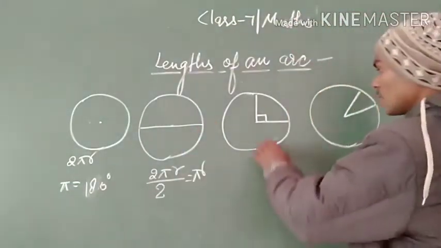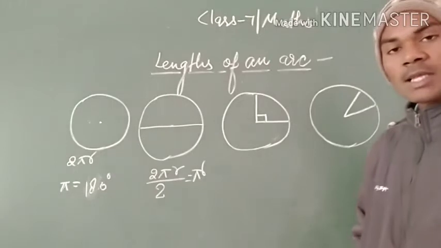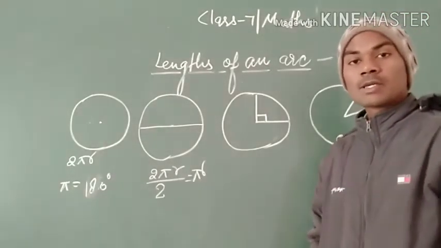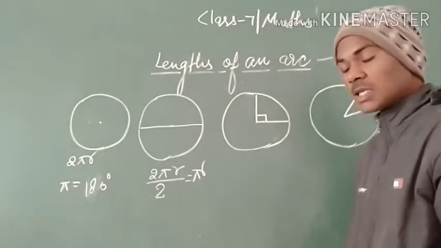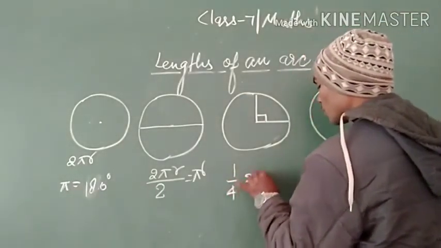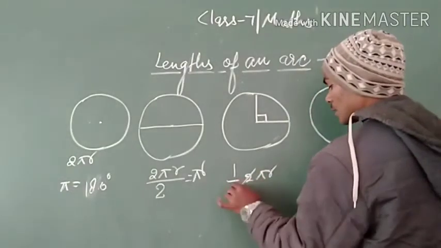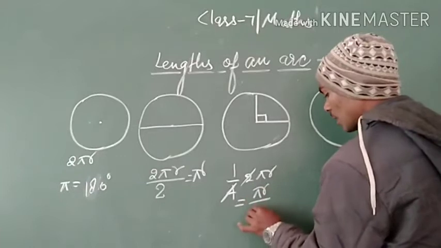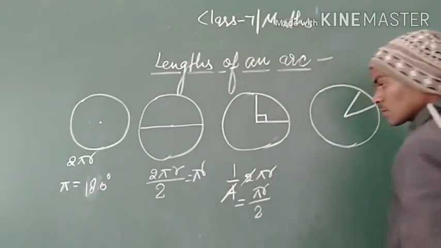Similarly, here we can see that the circle has been divided into four equal parts, and the perimeter, that is the circumference of each part, will be 1/4 of 2 pi r. That is, here we get pi r upon 2.